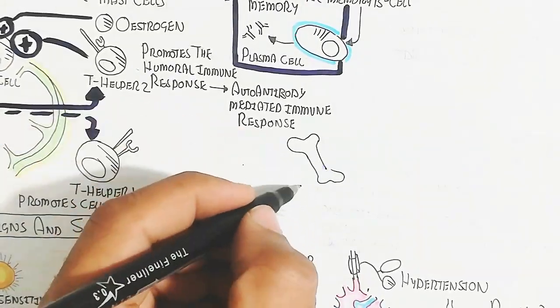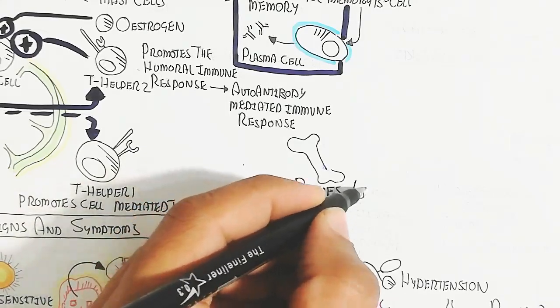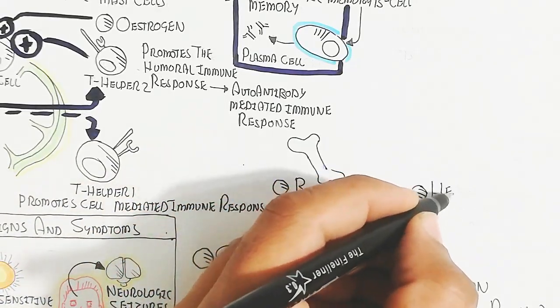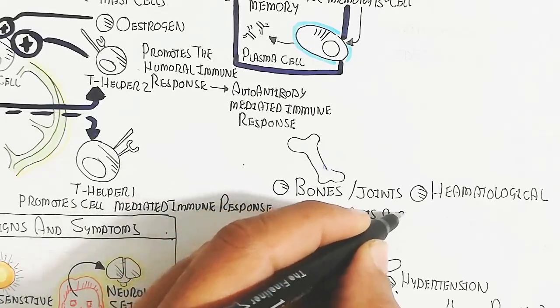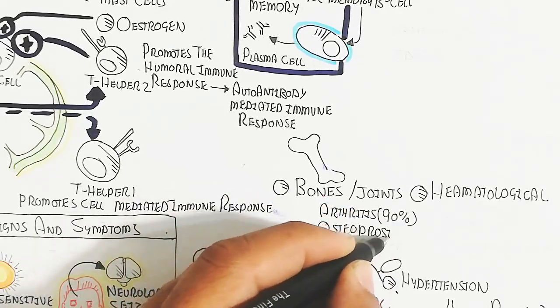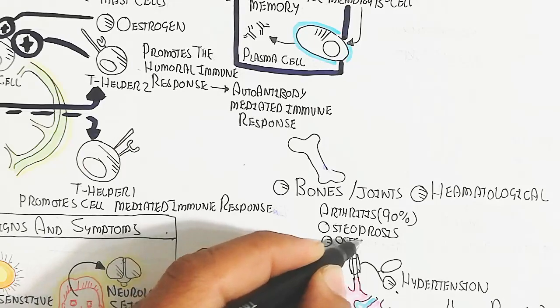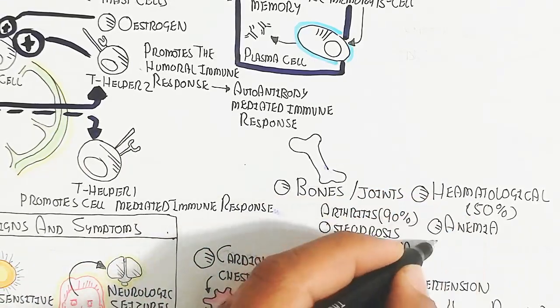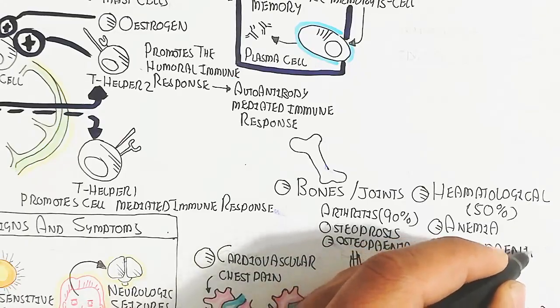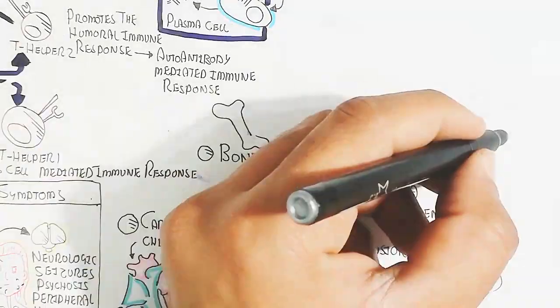On the other hand, for bones and joints, arthritis is 90%, along with osteoporosis and osteopenia. The hematological involvement is 50%, like anemia and leukopenia.